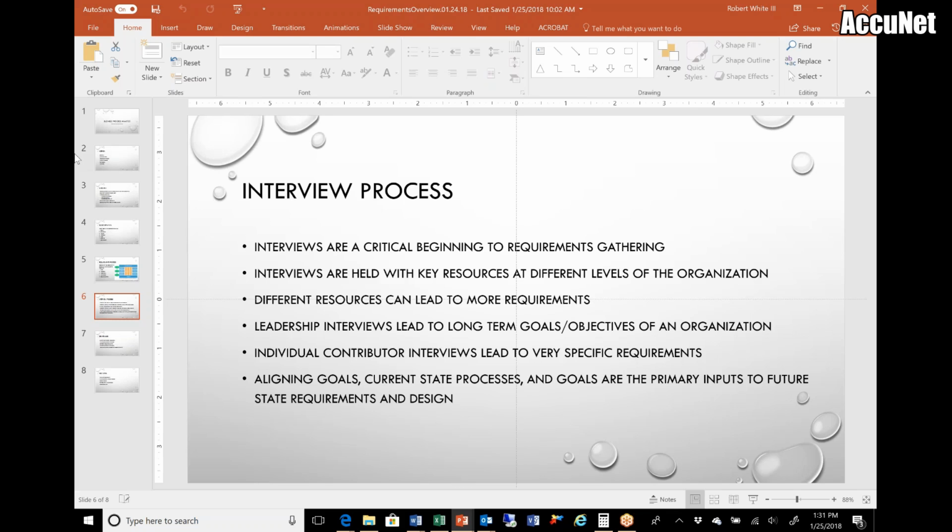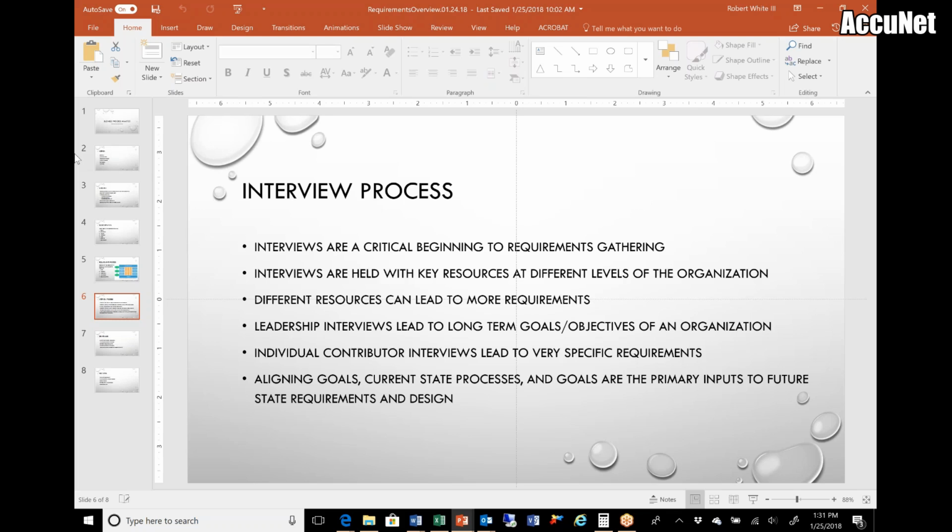It might be a person that works directly in that process, or it might be a cog in the wheel, so to speak, on that process. Somebody that gets handed off or gets handed to a piece of the puzzle. Another key area here in interview process is making sure that you're interviewing at different levels on the same process.